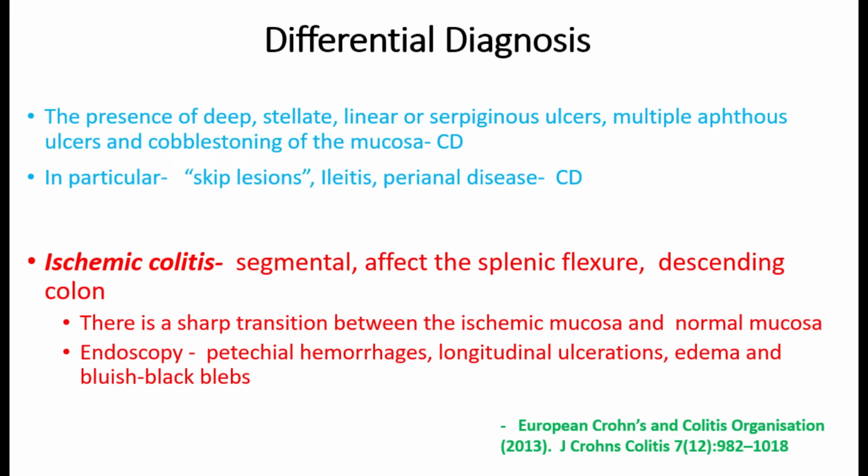Ischemic colitis is another differential diagnosis, but it is segmental and most commonly affects the splenic flexure or descending colon. There is a sharp transition between the ischemic mucosa and normal mucosa. On endoscopy, petechial hemorrhage, longitudinal ulceration, edema, and bluish-black blebs favor ischemic colitis.